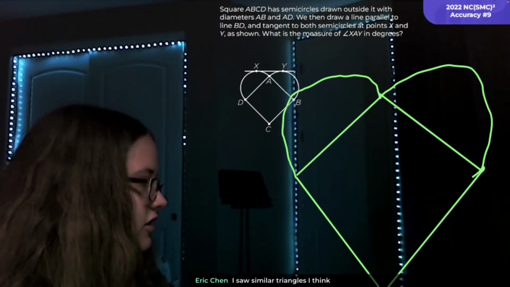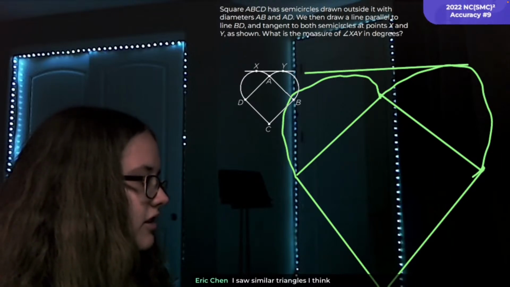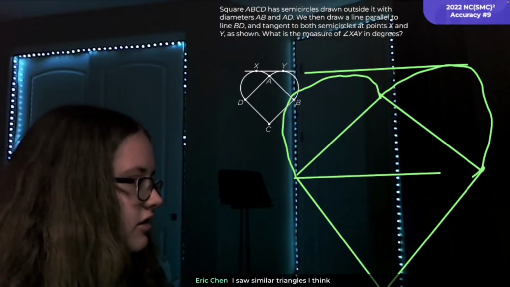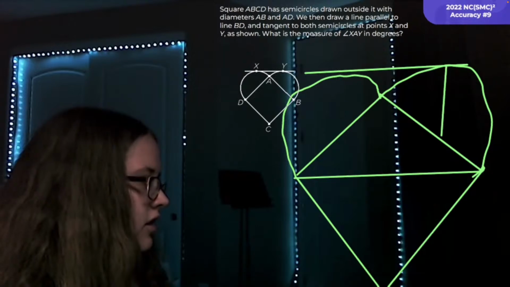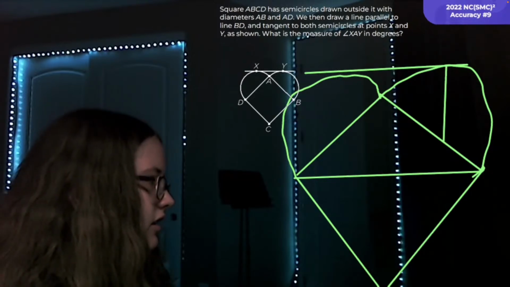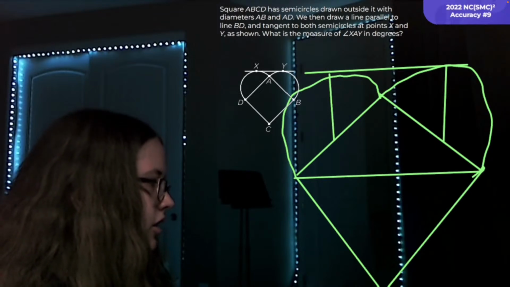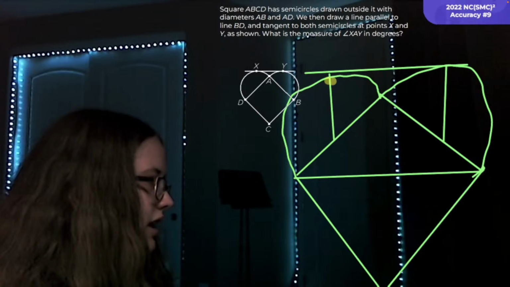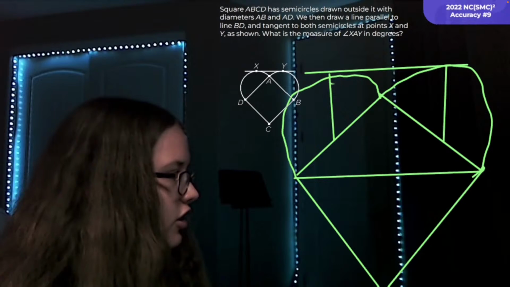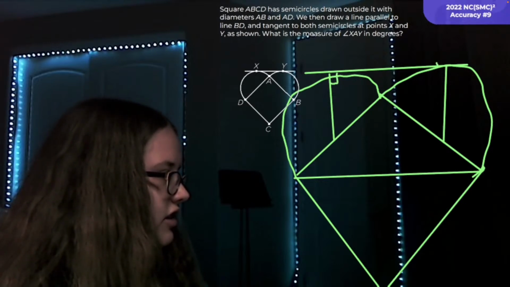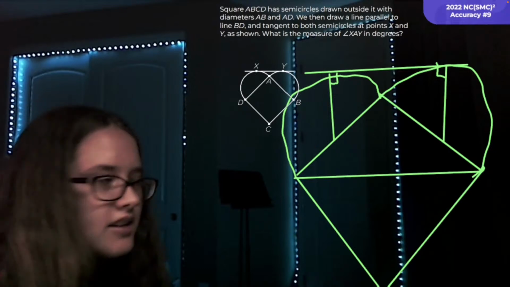And then, of course, our line over here is parallel to this line, and the tangent line should also be perpendicular to the radii there. Okay, so that's at least getting somewhere.